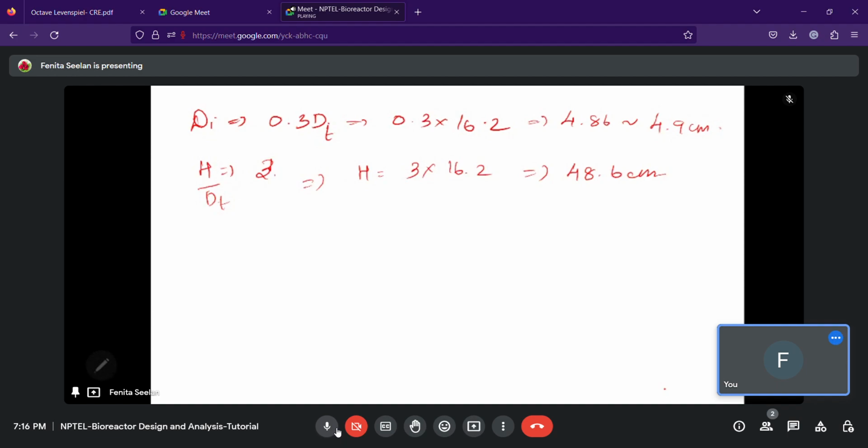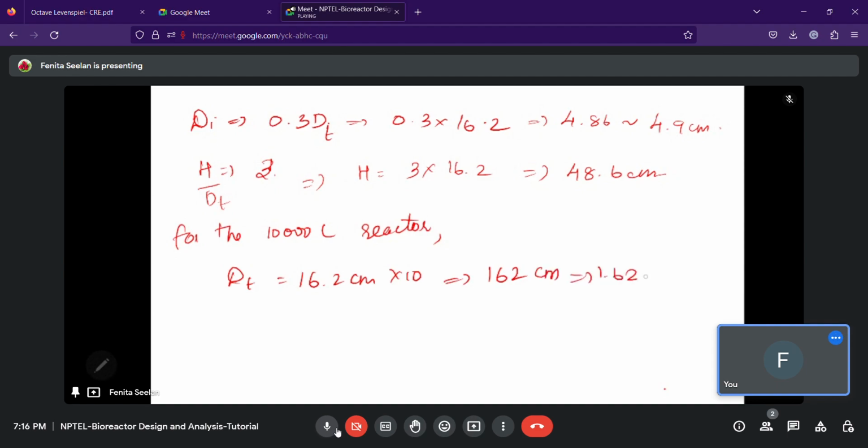So you just now have calculated all your dimensions. Scale factor also you know. So for the large scale reactor, the diameter would be 16.2 centimeter into 10, which is 162 centimeter or 1.62 meter. And what would be the diameter of the impeller?